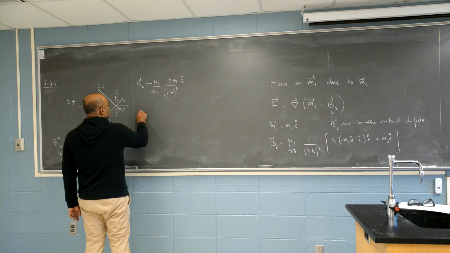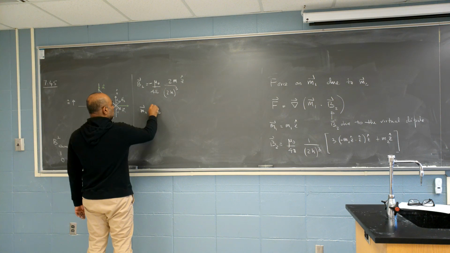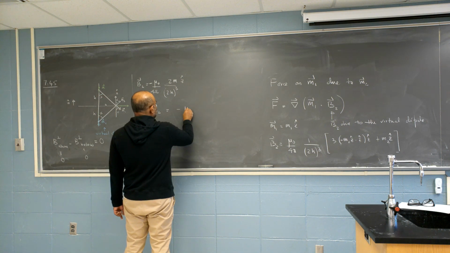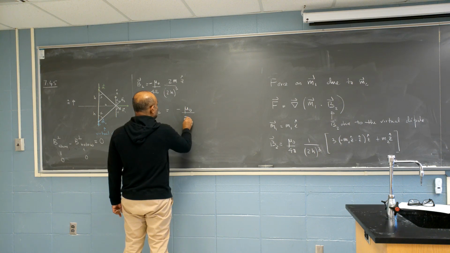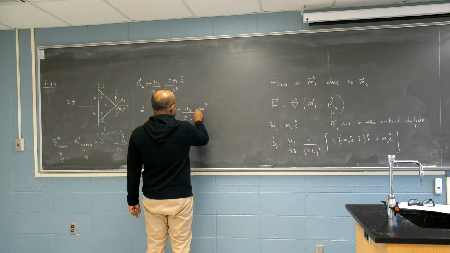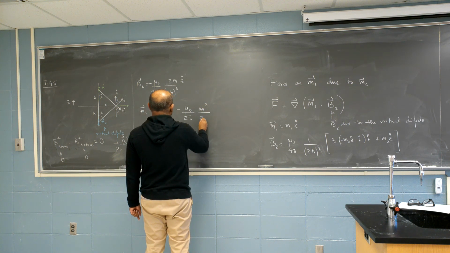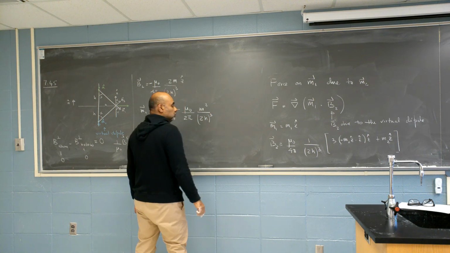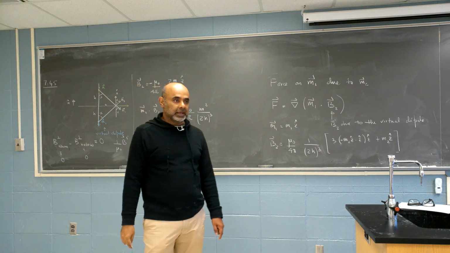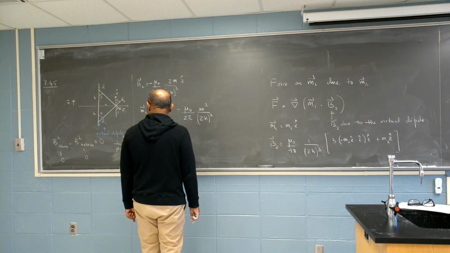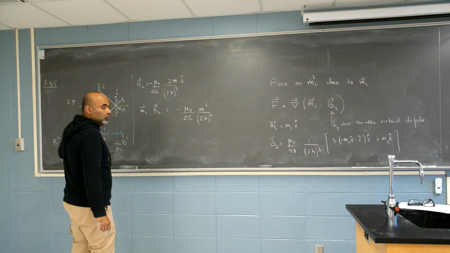M1 dot B2, what is that going to be equal to? Minus mu 0 over 2 pi, m squared over 2h cubed. h is nothing but the z coordinate.